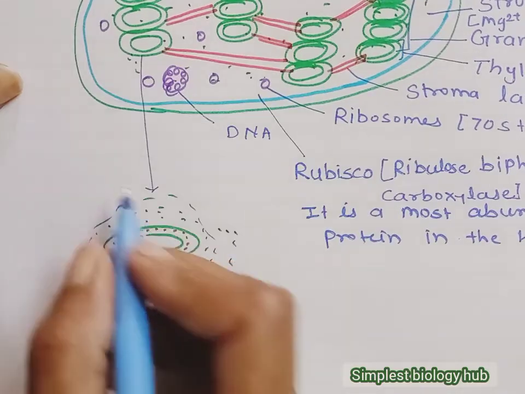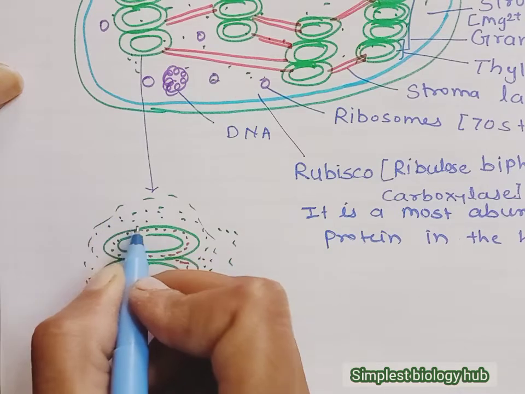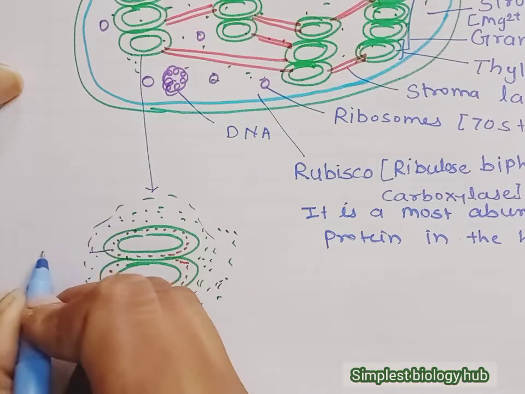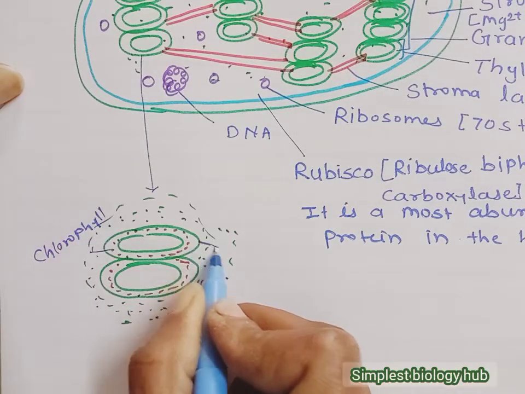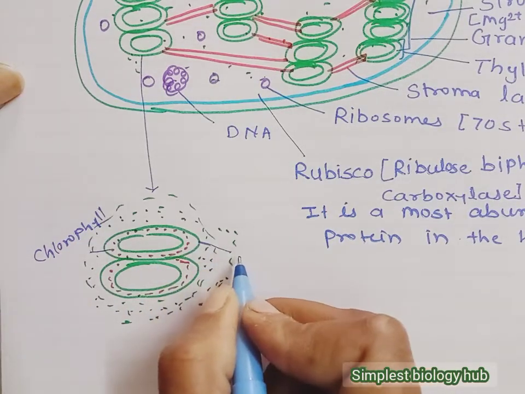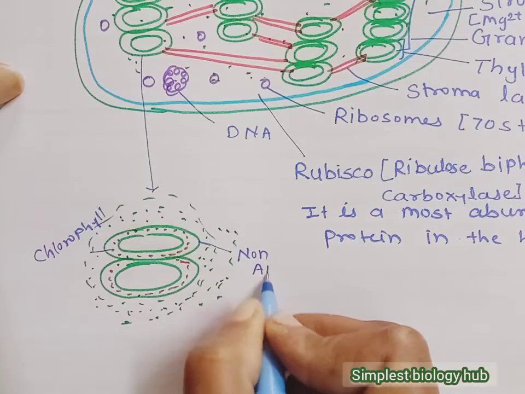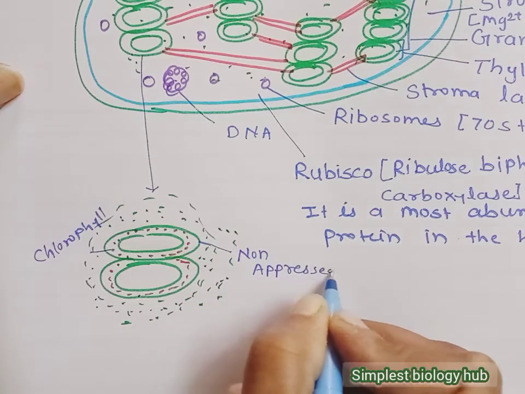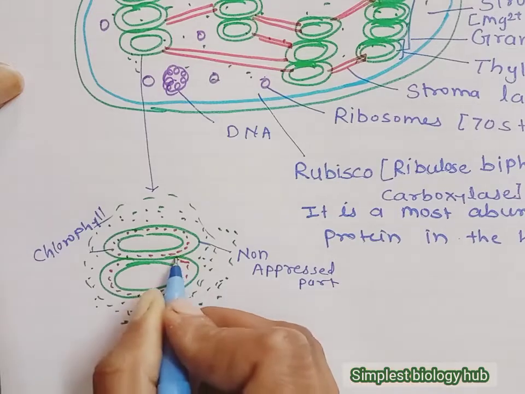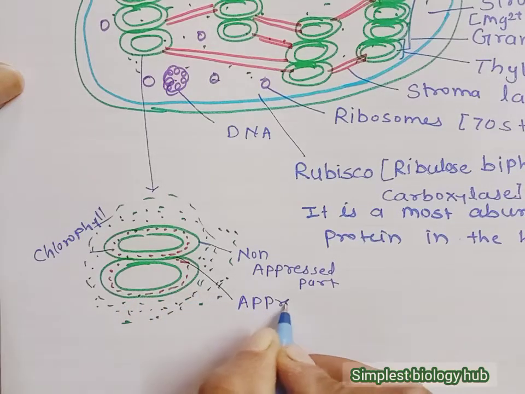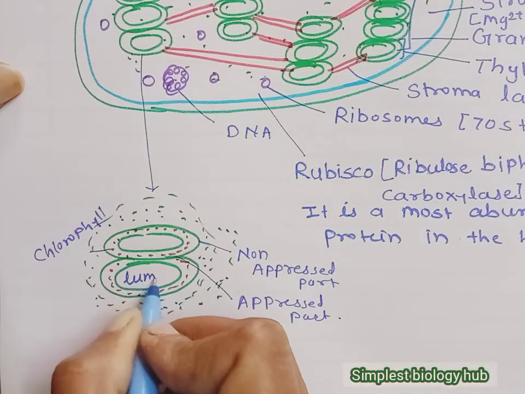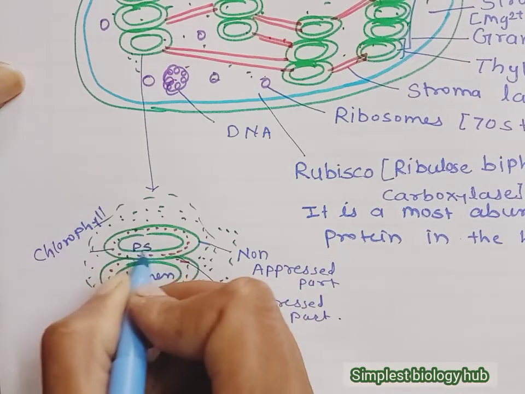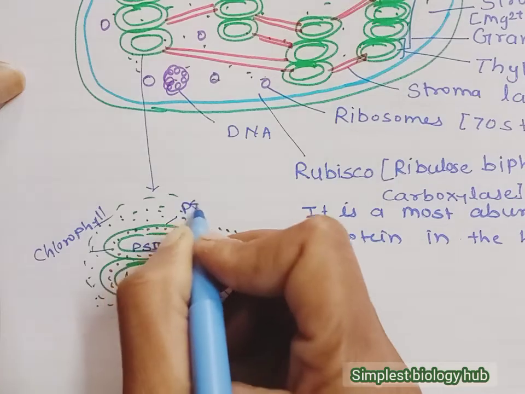Now here we see the small structure of the thylakoid membrane. Here the two stacks are arranged in that pattern, and this is also a double membranous structure. That part we call the non-appressed part because it is in contact with the stroma, and the appressed part is in contact with the other thylakoid membrane.